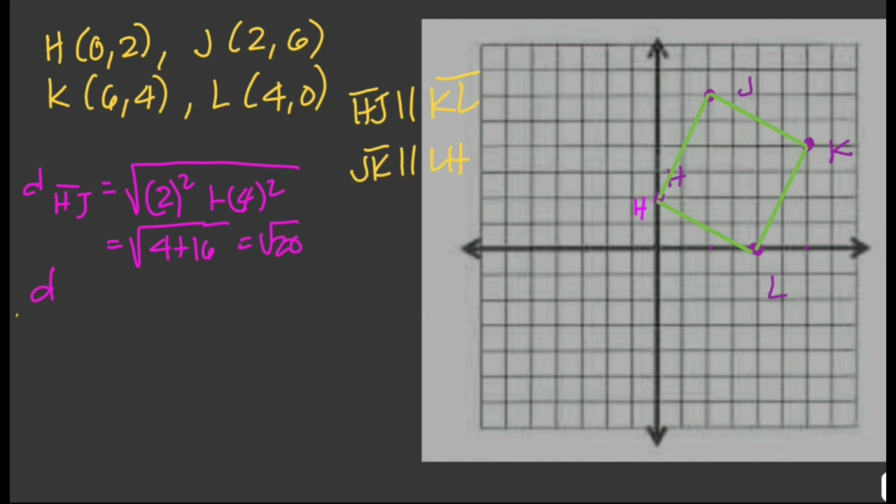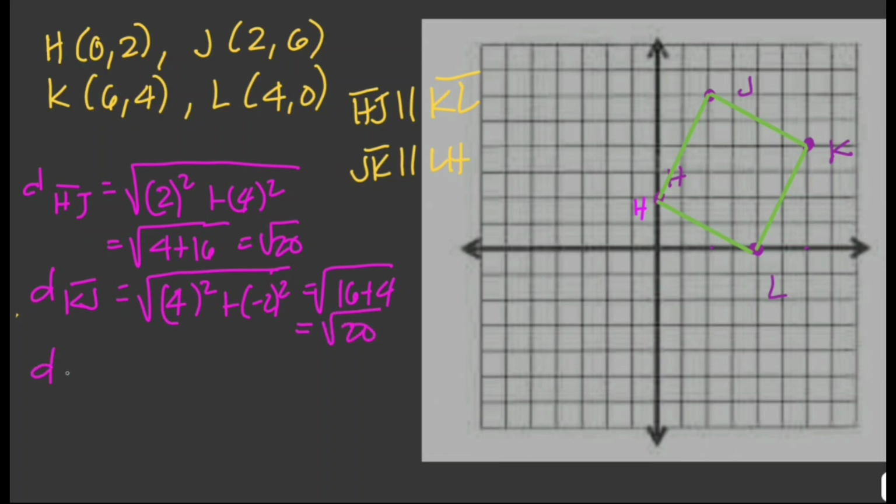And then distance from J to K is the square root of 6 minus 2, that is 4 squared, plus 4 minus 6, so this is negative 2 squared, so 16 plus 4, so this is square root of 20.